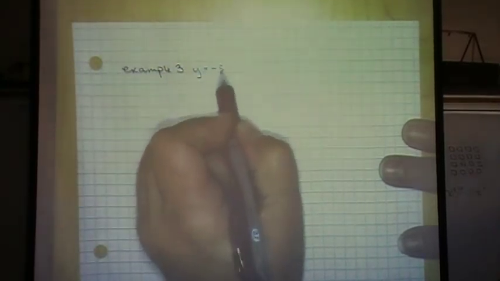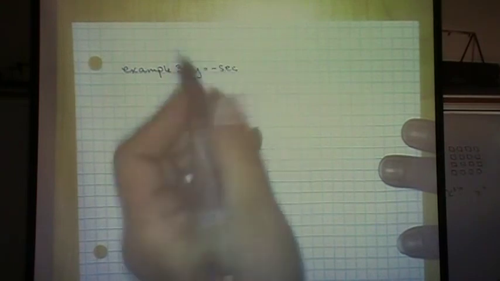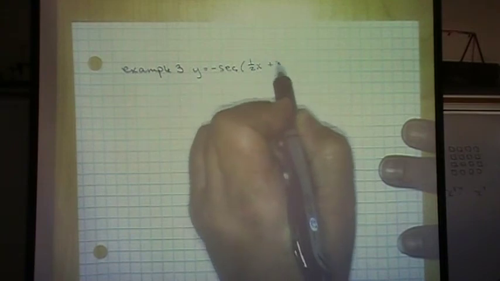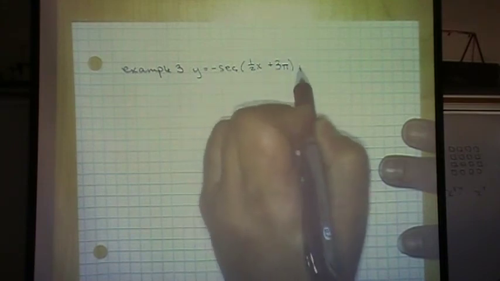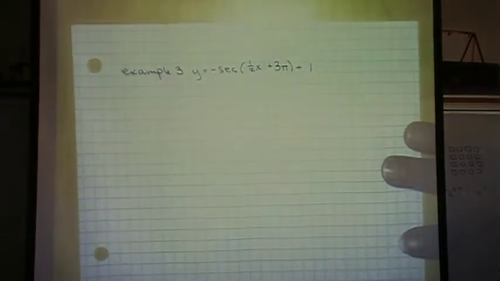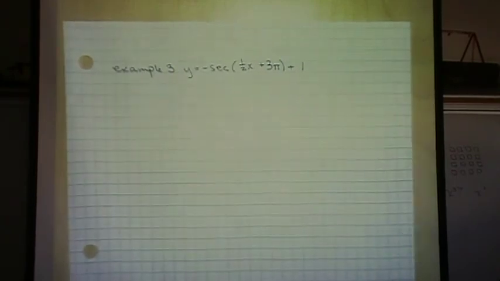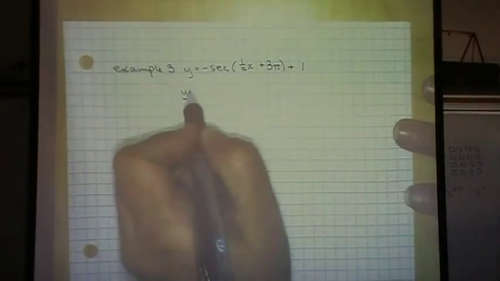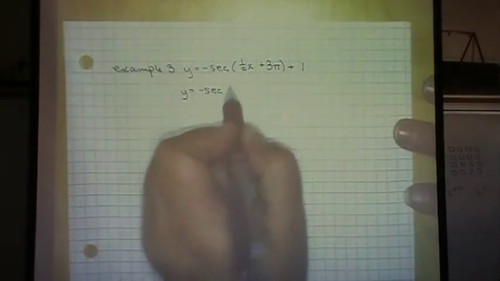Y equals negative secant of 1/2 x plus 3 pi, plus 1. Okay? Again, we're going to do this very similar to the way we just did the previous example, but now instead of sine, we're using cosine. Same thing. We're going to factor out the 1/2.